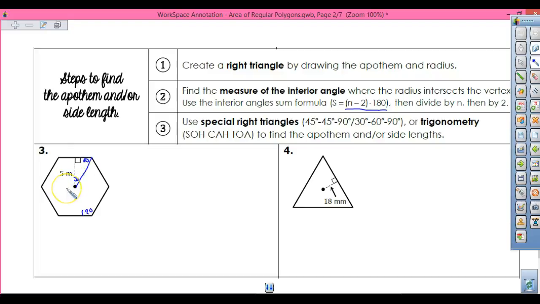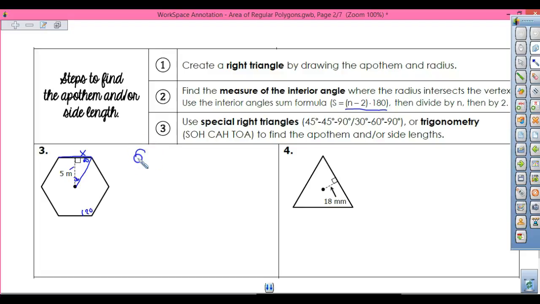I have the side opposite the 60-degree angle, which is 5. I need the side of the polygon. I can't find the whole side, but I can find half of the side. How do I go from the long leg to the short leg? Divide by the square root of 3.